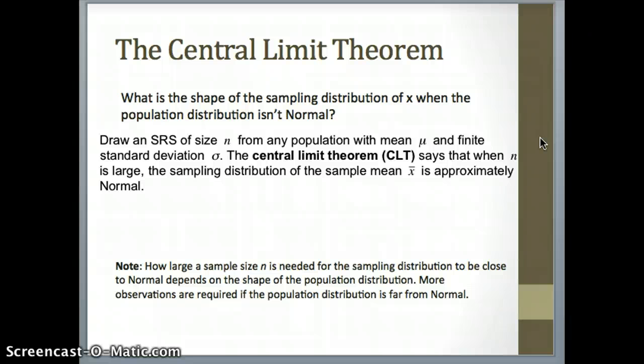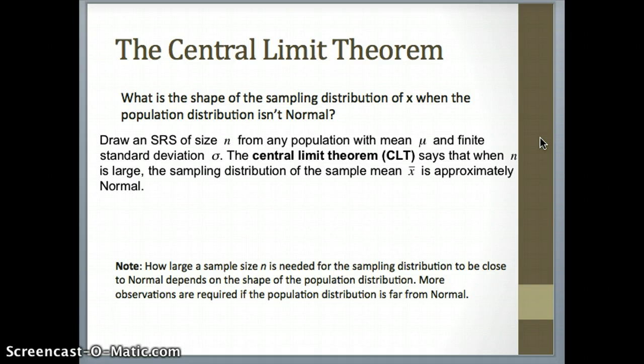The central limit theorem says that when n is large, the sampling distribution of the sample mean x bar is approximately normal. So even though the population distribution may not be normal, your sampling distribution of your sample mean will be normal as long as you have a finite standard deviation and as long as your sample size is big enough.